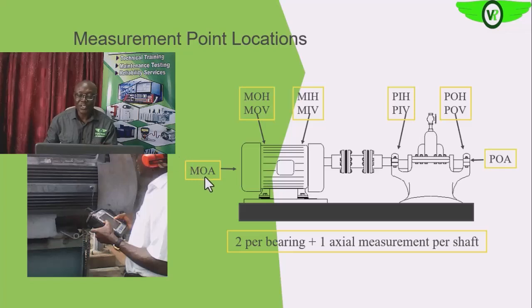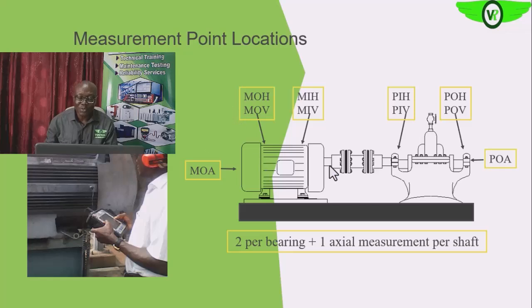So the position that is axial to the shaft, that is in the same axis with the shaft, is called the axial direction. So we can look for any part of the motor where we can take such a reading axially, and that will give us a reflection of what is happening around the bearing.